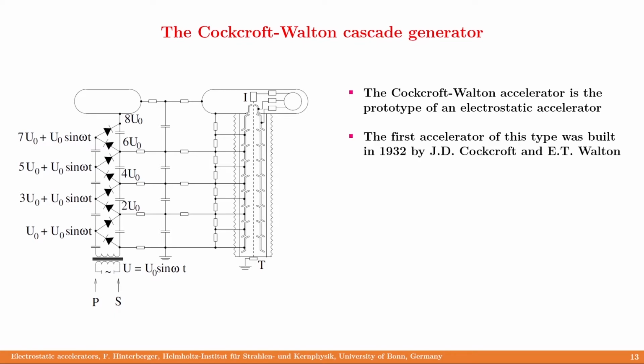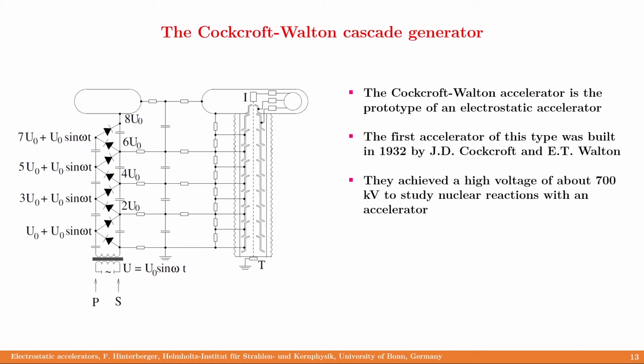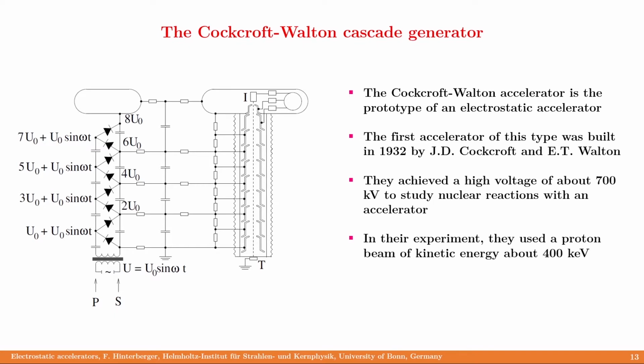This was first built by J.D. Cockcroft and E.T. Walton in 1932, and they achieved a high voltage of about 700 kV to study nuclear reactions with an accelerator. In their experiment, they used a proton beam of kinetic energy about 400 keV, and Cockcroft and Walton shared the Nobel Prize in Physics in 1951.